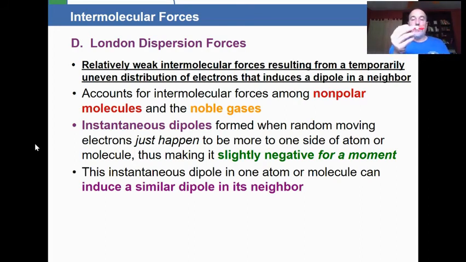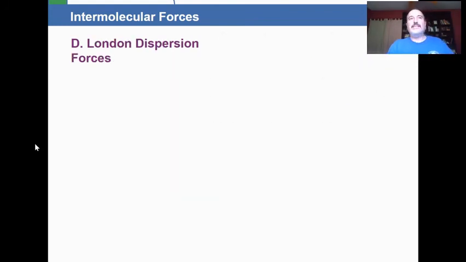So let's say this is one molecule, and it has more negative on this side than this side, right? Well, that would push the electrons around this one away, thus making this side slightly positive. This negative, this positive, very briefly, they're going to be attracted to each other. And then they're not, okay? It's just going to be a brief attraction, and then they're not.